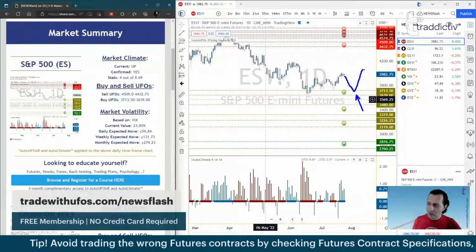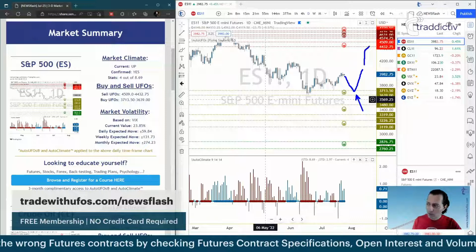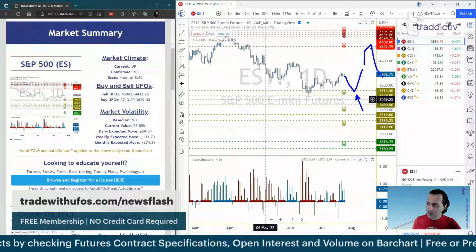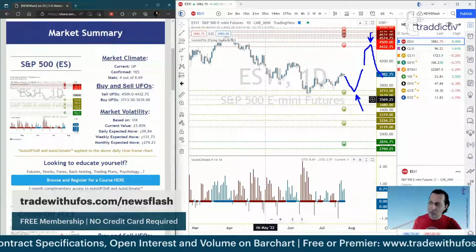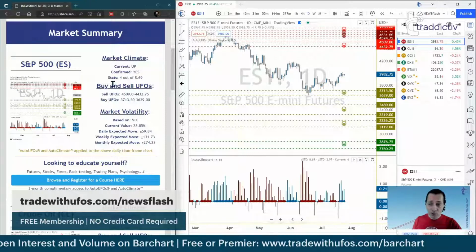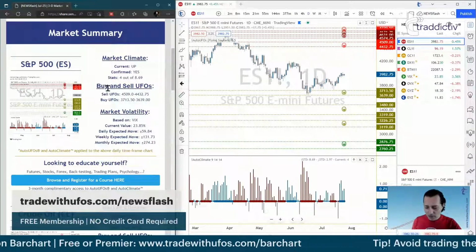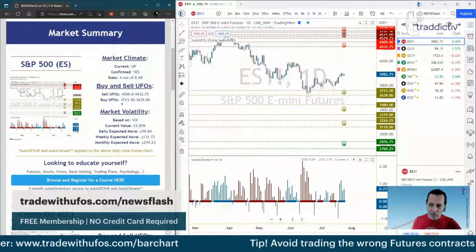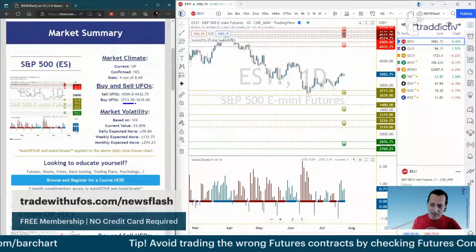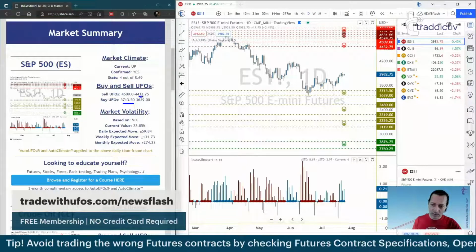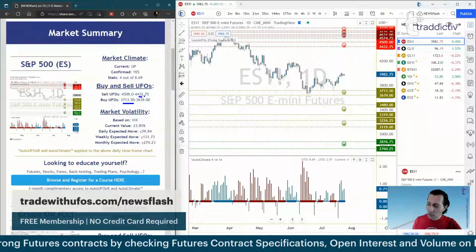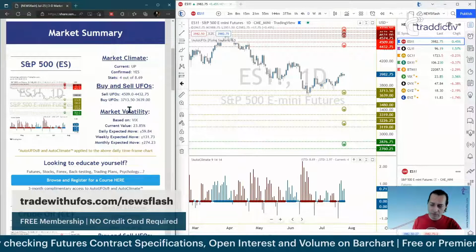That's the turning point I'm talking about. If the market comes to the red UFO, we would expect a turn to the downside. Those UFOs are extremely powerful and useful when setting entries and exits. The buy order is located at 37.13. The sell order is located at 44.32. It's extremely important information to be aware of.